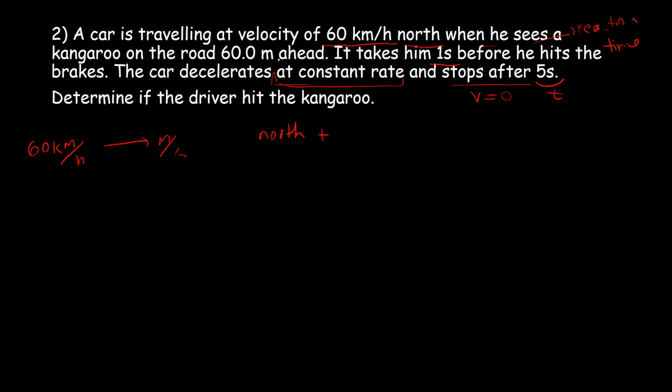We know the definition of average velocity: v equals delta S, that is displacement, divided by t. But how can we calculate average velocity in this case when we don't have acceleration?